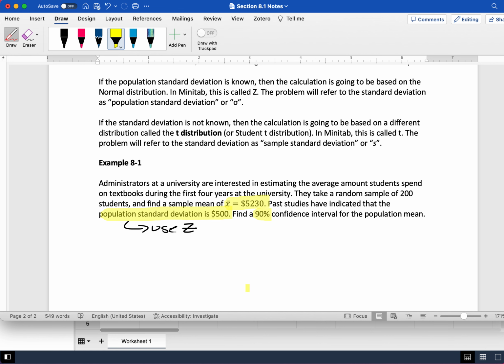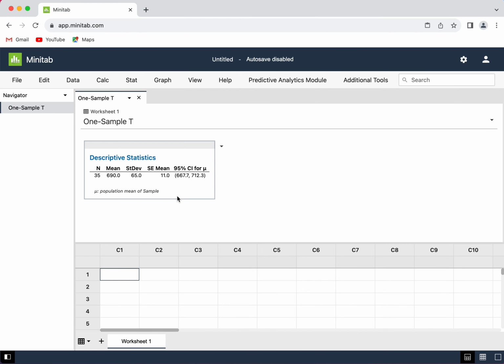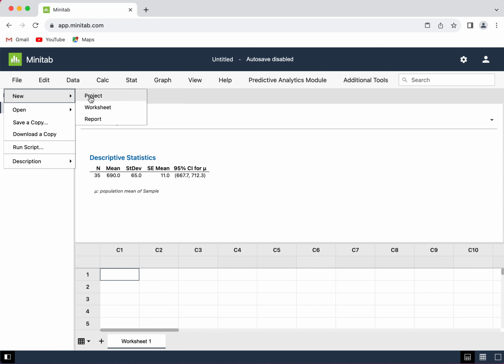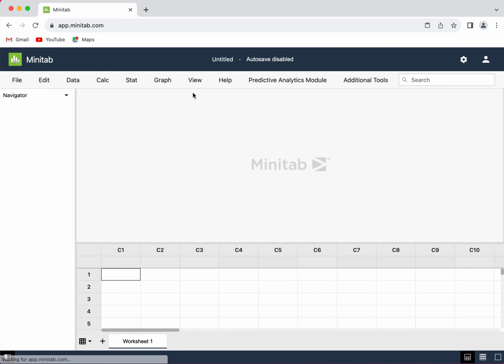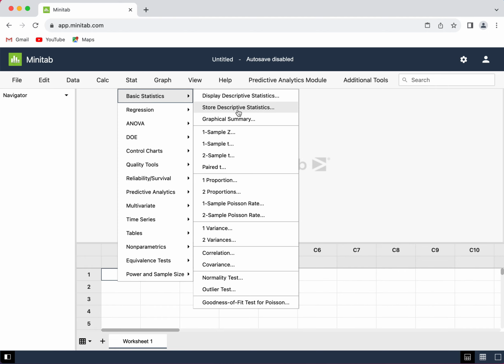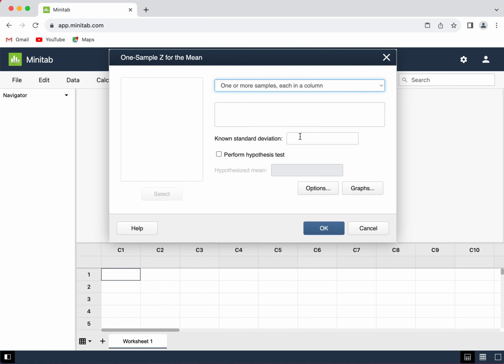So let's go to Minitab here. I'm going to do a new project to clear out the old one. I'm going to go to Stat. And since I have population standard deviation, I'm using one sample Z. You will see one sample T right below it.